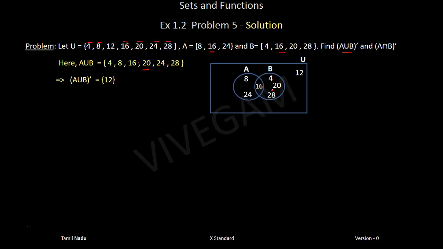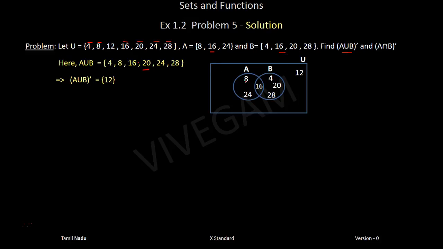Any element in U which is not covered by these two sets, yes, 12, will come outside A and B. First we put A intersection B, then A minus B, then B minus A, then the element not covered by A and B. If you check, 4 is covered in B, 8 is covered in A, 12 is not covered, 16 is covered in A and B, 20 is covered in B, 24 is covered in A, and 28 is covered in B. So only 12 is left out.